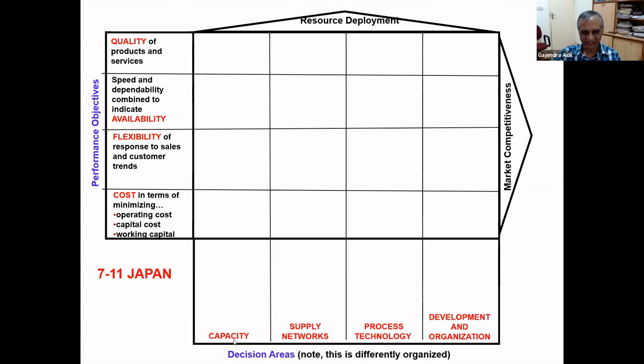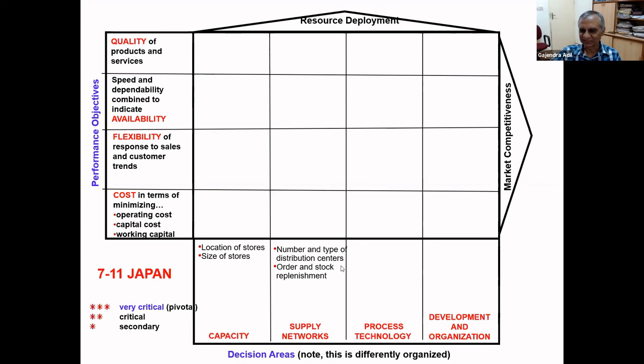So this is my categorization: capacity, supply network, process technology, development. And within capacity, the decisions were location of store, size of store. So you want to dominate an area with 50 stores, and size in the sense of more supplies in those stores. So overall capacity is increasing for you as a chain, not necessarily for individual stores.